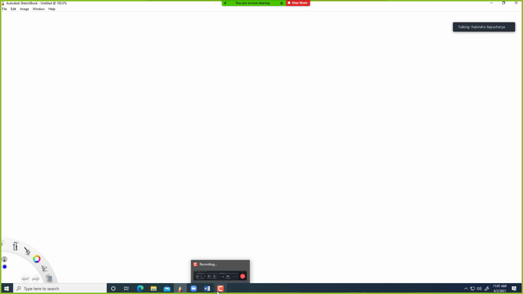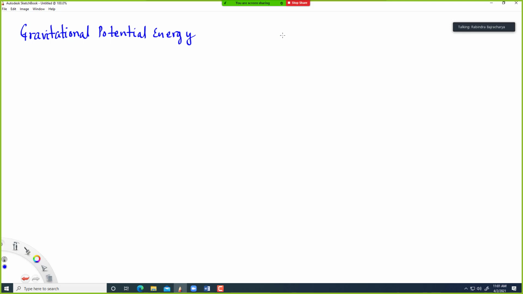One is gravitational potential energy, and the other one is spring potential energy.